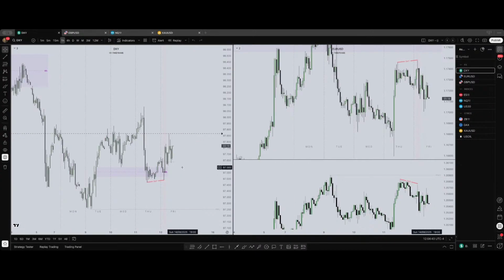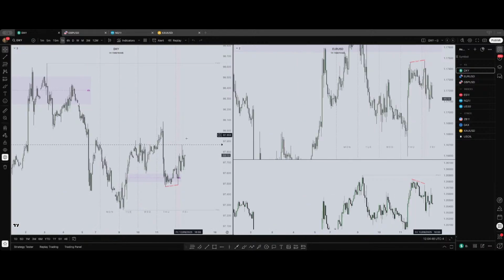So this morning, as I said in my previous video, I'm bullish for the dollar index. You can see here this is the ticker, the dollar index. I'm bullish on the dollar index right now.